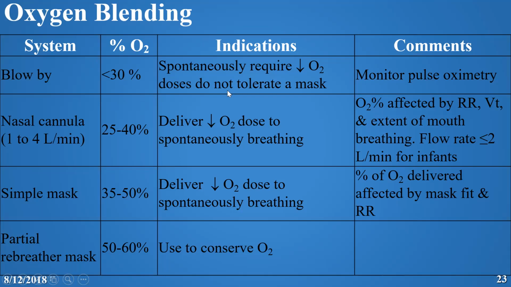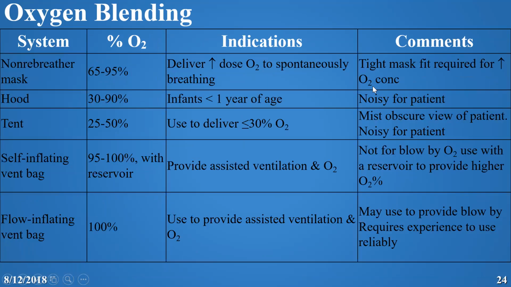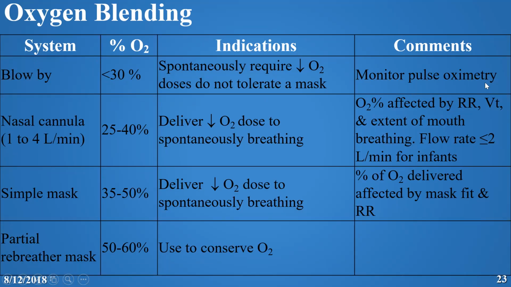We usually use the blow-by when the baby is frightened and just comes to the hospital before we give sedation and control the baby. It gives less than 30% oxygen, and we should use pulse oximetry before we start it.